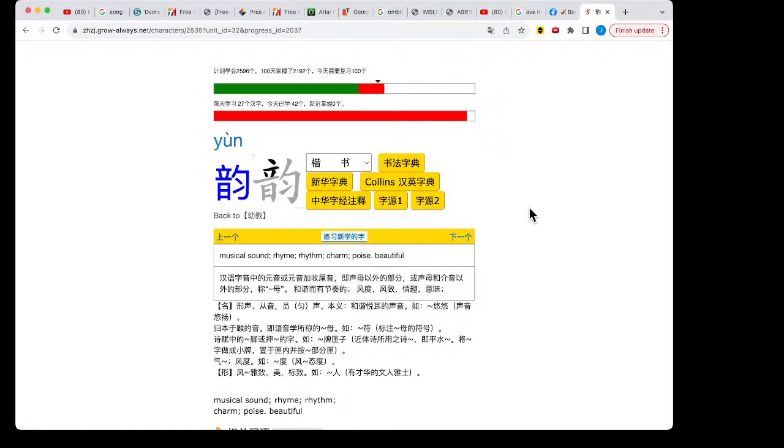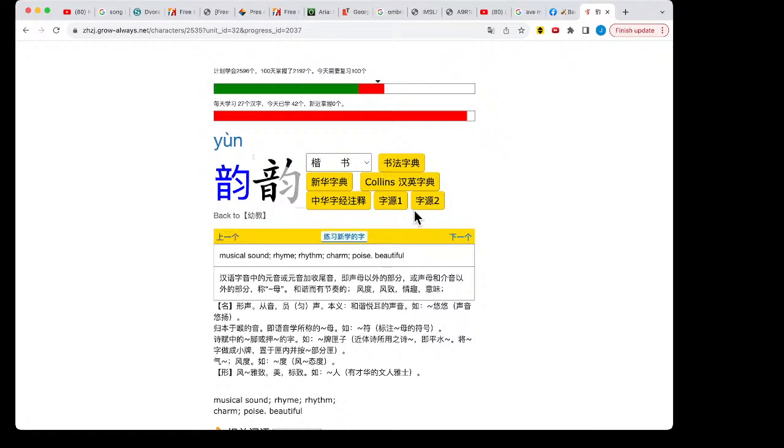The second meaning refers to a person's charisma, a person who has a very charming pose, very elegant and beautiful. You can use this 韵. Oftentimes you say 韵味. 味 means taste, so that means the person is very good looking and has good taste.